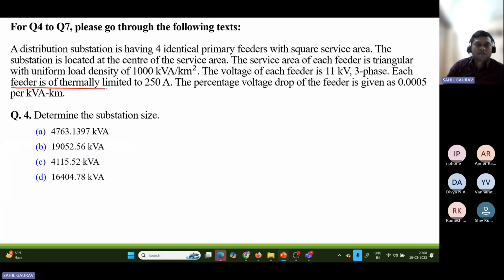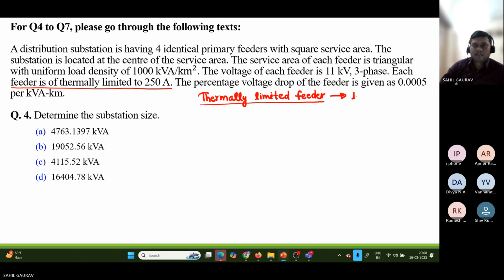Thermally limited feeder means its ampacity limit is given as 250 ampere.